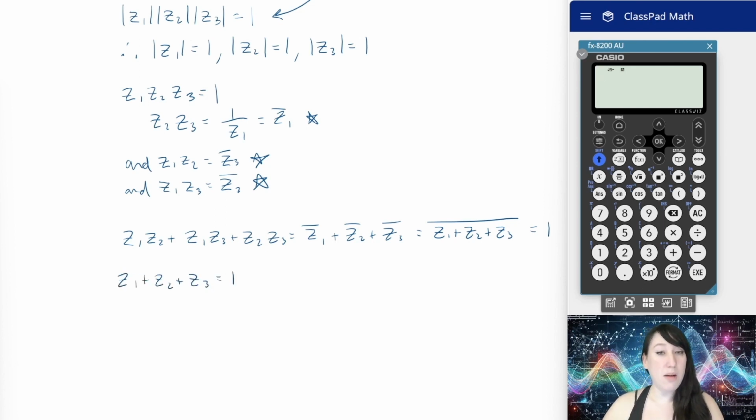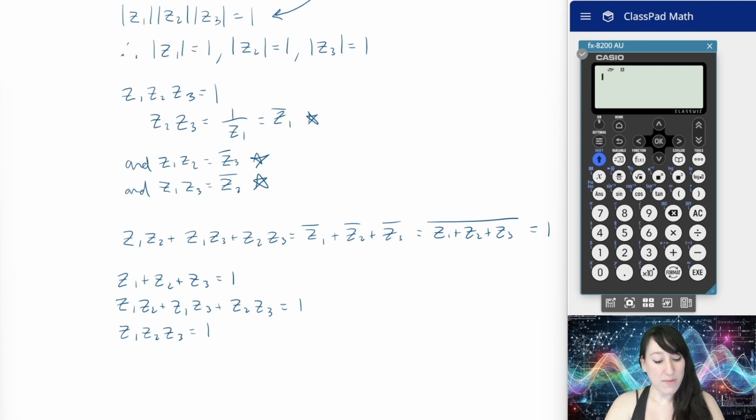We know that the sum of the three numbers is equal to 1. We know that the sum of their pairwise products is equal to 1. And we know that the product of the three is equal to 1.